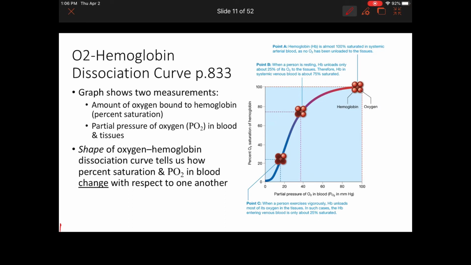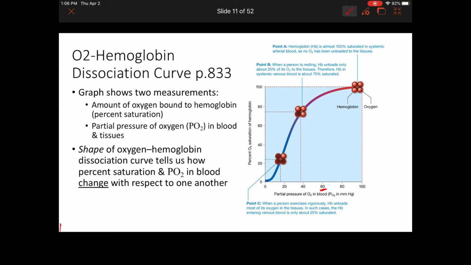So let's do one quick example here. If the partial pressure of oxygen is 60 millimeters of mercury, what would be the percent saturation of hemoglobin?